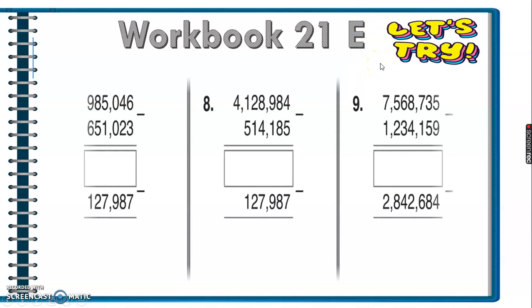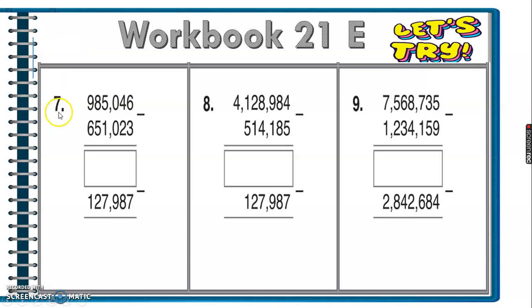Okay, workbook page number 21, letter E. Let's try. Number 7, 8, 9. So 7, 985,046 minus 651,023.